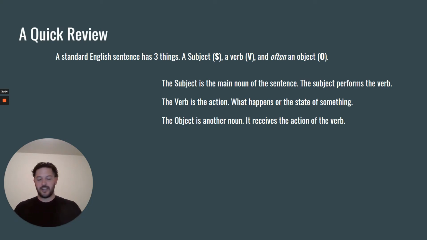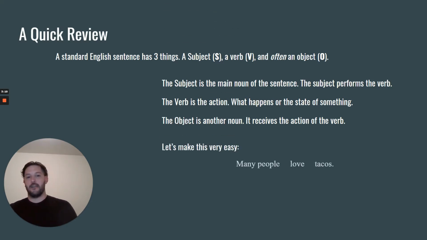So let's just take that and make an example, something that is very dear to me, all right? We're going to say, many people love tacos. I know not everybody loves tacos, but I love tacos and many other people love tacos. In this sentence, we have a subject, many people, right? We have a verb, love, and we have an object, tacos.